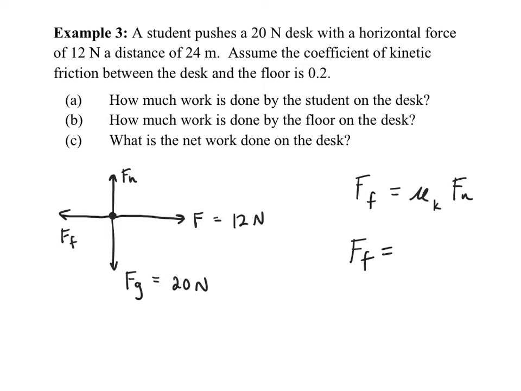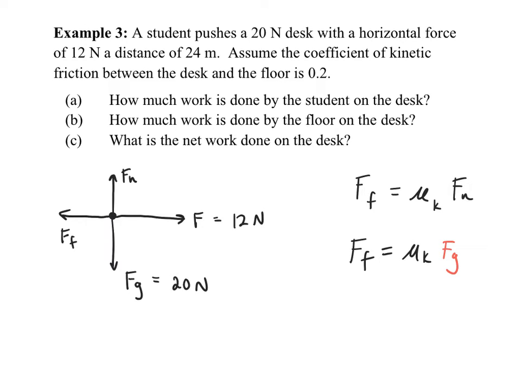The vertical direction. In the vertical direction, this desk is not moving. So what are we in a state of vertically? A state of equilibrium. If we're in a vertical state of equilibrium, it means that Fn is the same as Fg. So I replace Fn with Fg.